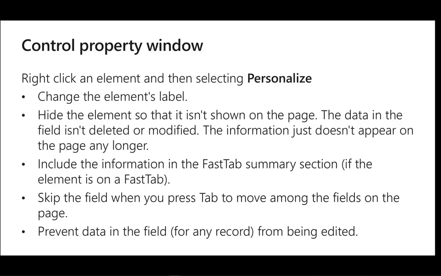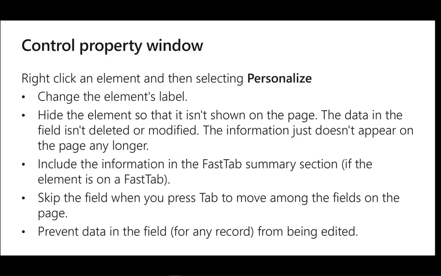We can also add information by including it in the FastTab summary section. Also, we can skip a field when we press Tab to move among the fields on the page if it is not needed for data entry, for example. We can also lock data and prevent data in the field from being edited.